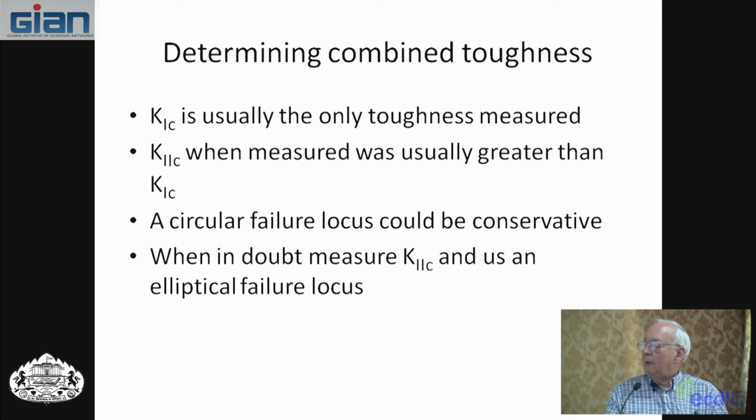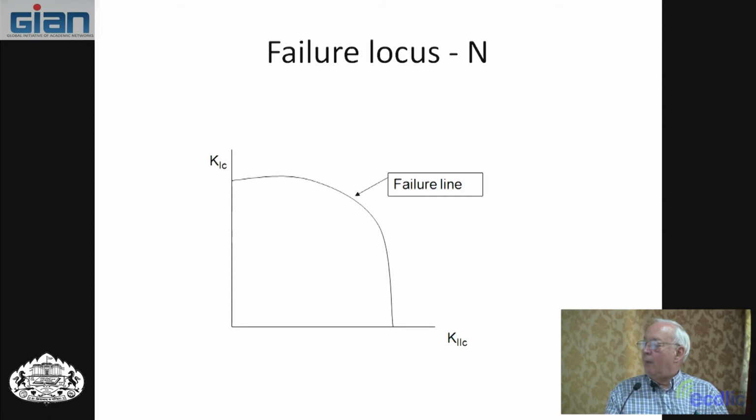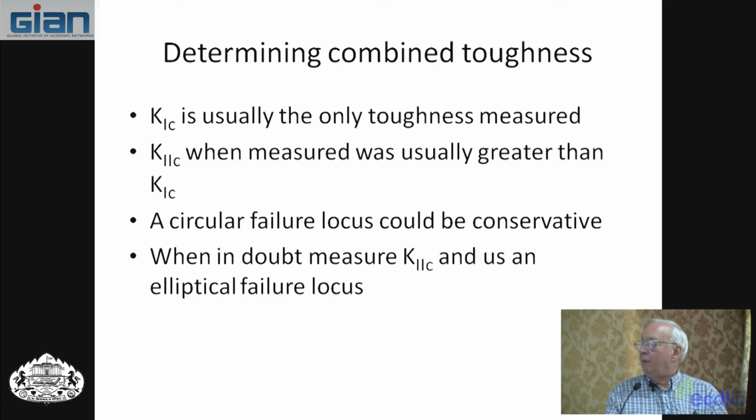So the failure then would come about as a locus, K1C, K2C. If K2C and K1C are equal, this locus wasn't drawn very well, but that locus should be a semicircle, or a quarter circle, I guess you'd call it.